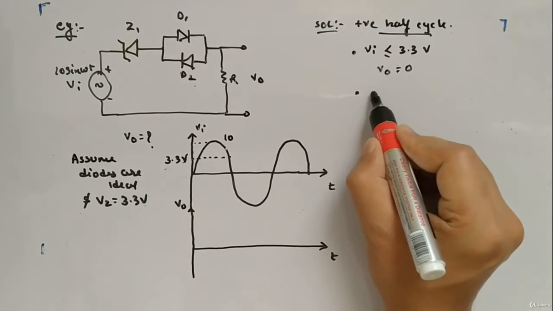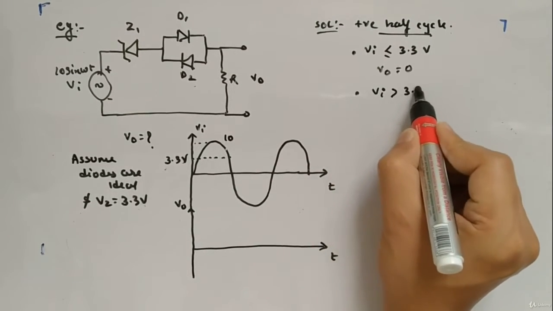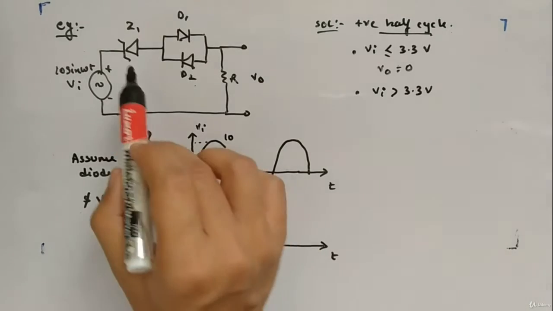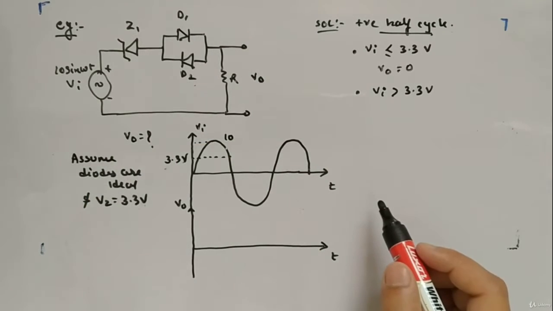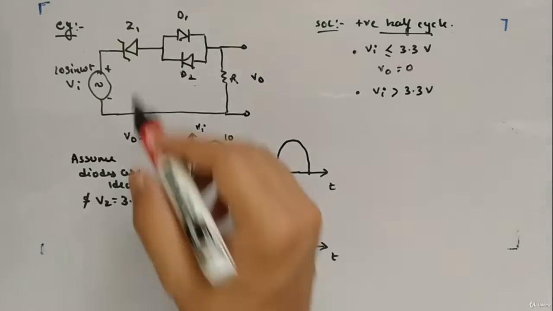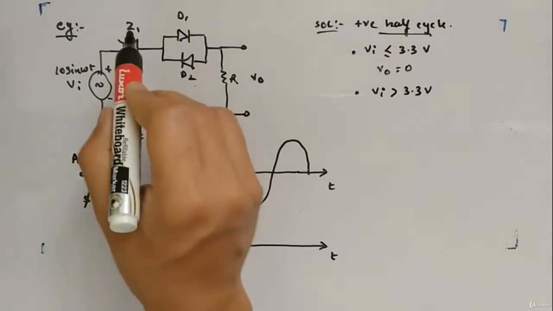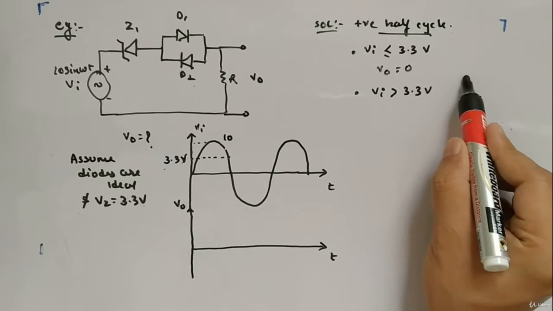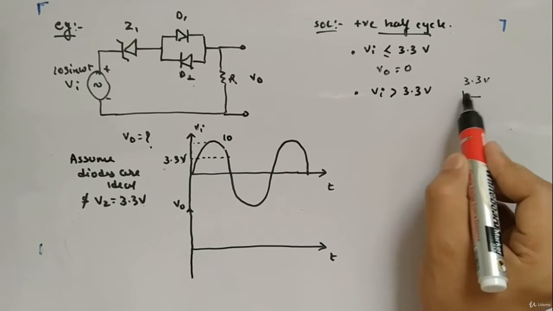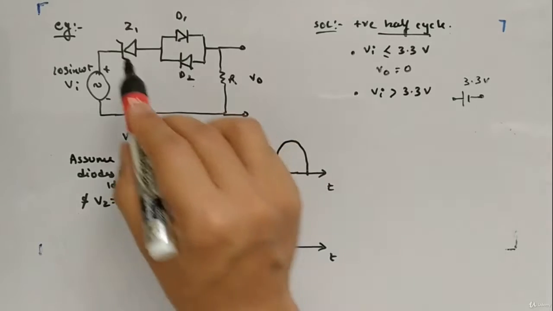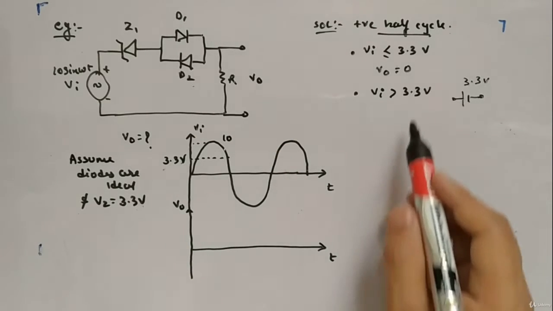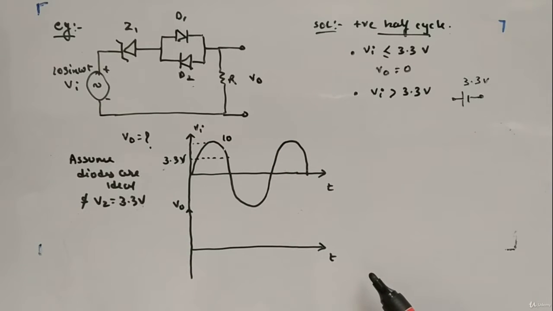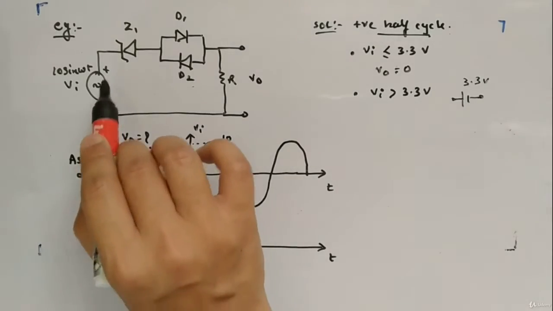If Vi is greater than 3.3 volt, this will be replaced by the Zener voltage, positive negative. So in this fashion, 3.3 volt, this will be the equivalent of this Zener diode in this case.